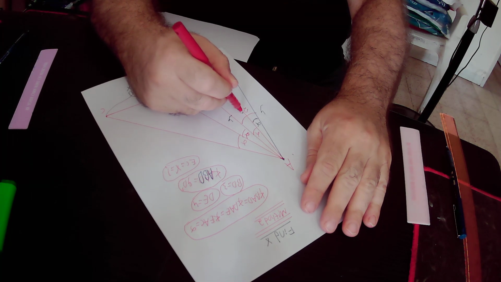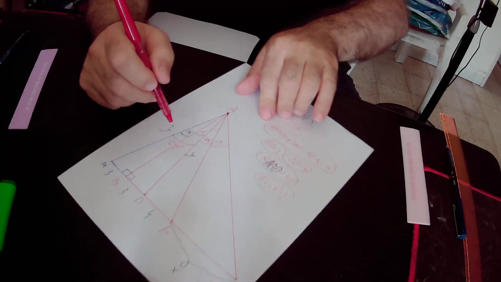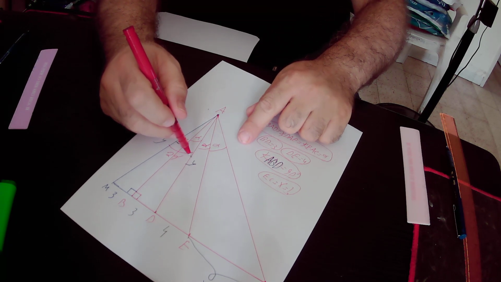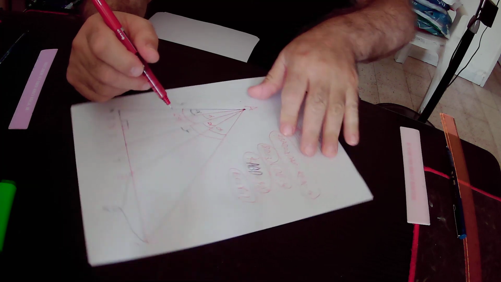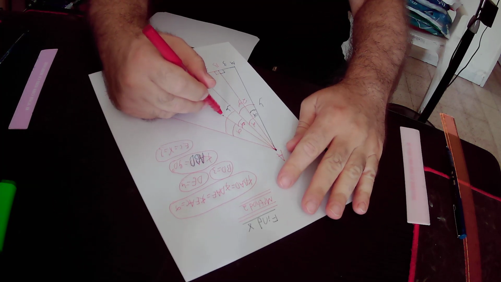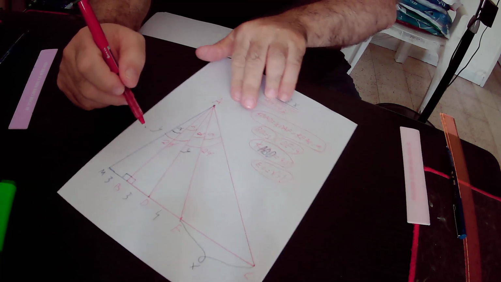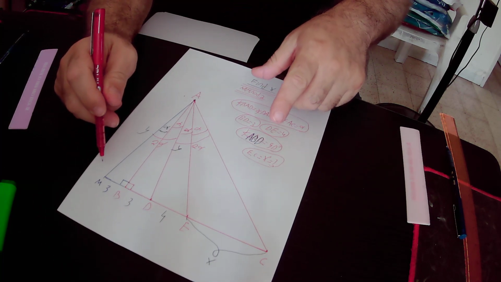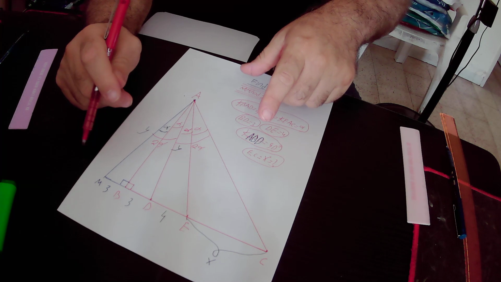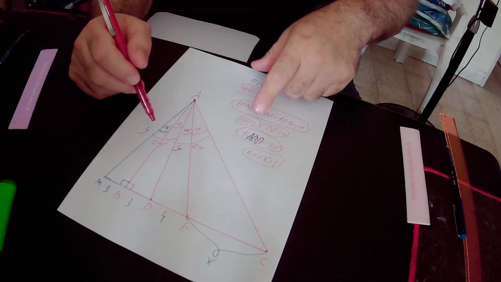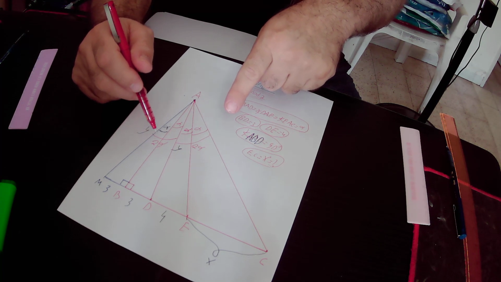And the second part is also alpha plus alpha, that is to say 2 alpha. So the reason that AD is angle bisector in triangle AMC is that it divides the angle MAC into two equal parts, 2 alpha and 2 alpha.